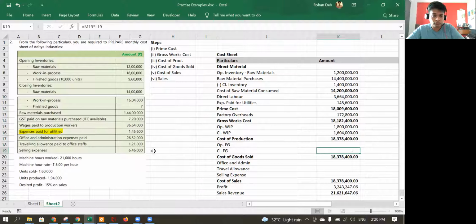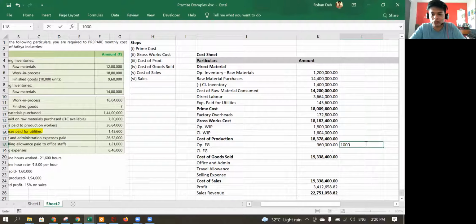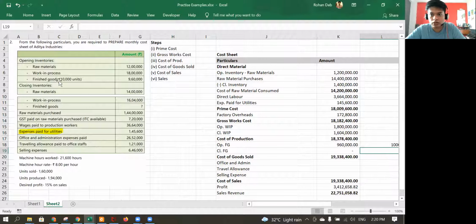Opening finished goods I have 960,000. Okay, now if you're watching in 2x, switch it back to 1x for this part, because this is the important part. Here it's given as 10,000 units. Over here, if you see finished goods, the opening finished goods was 10,000 units.